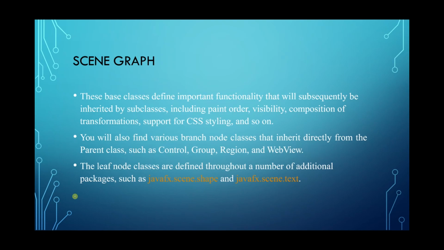So you will also find various branch nodes classes that inherit directly from the parent class, such as control, group, region, web view. The leaf node classes are defined through a number of additional packages, such as javafx.scene.shape and javafx.scene.text.